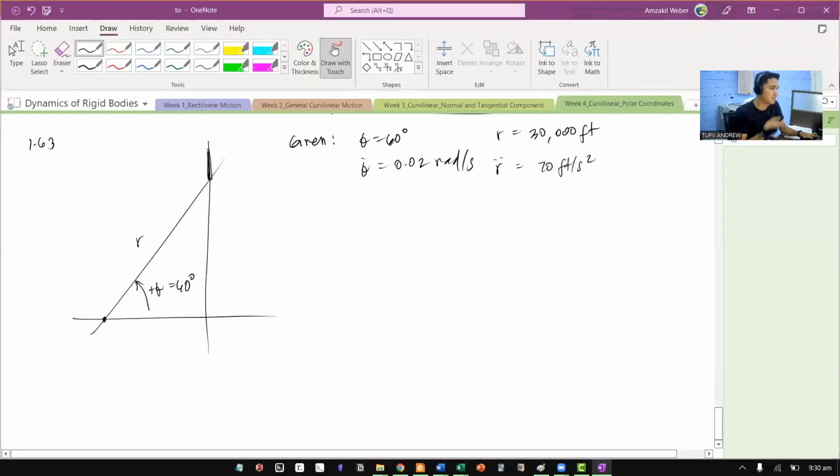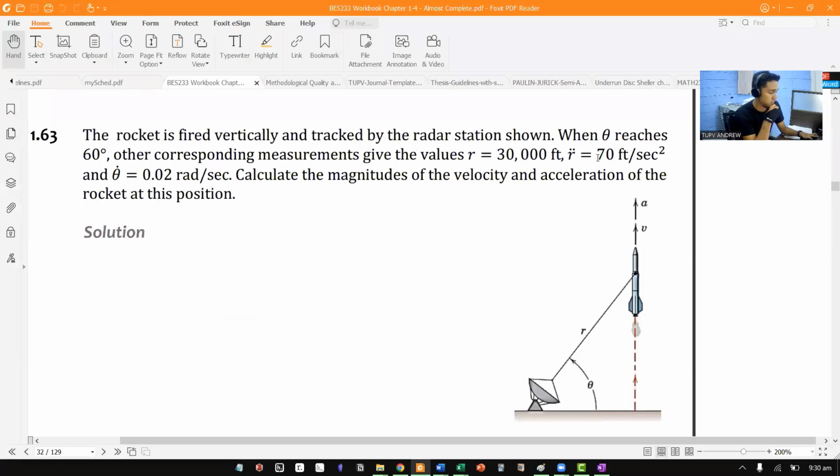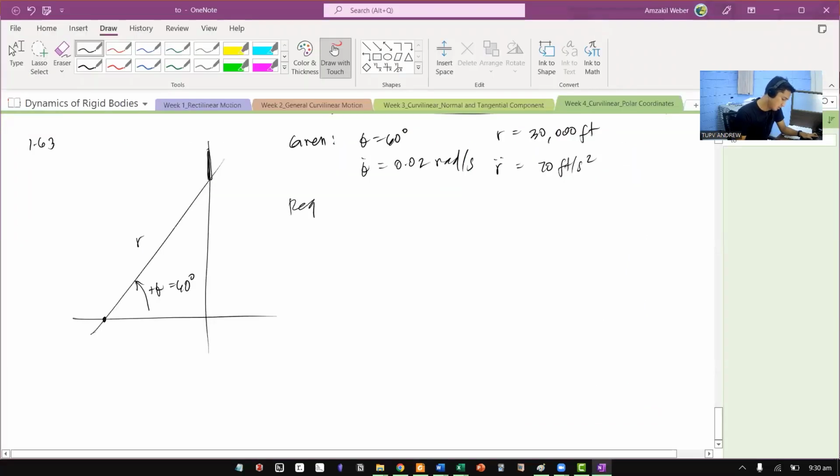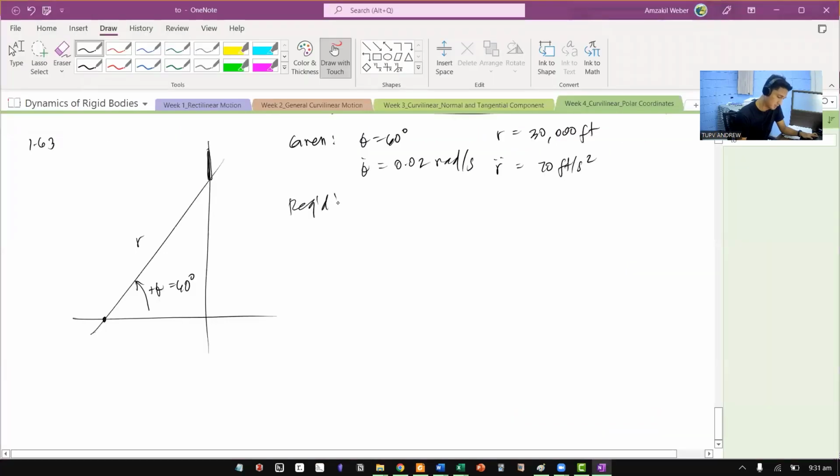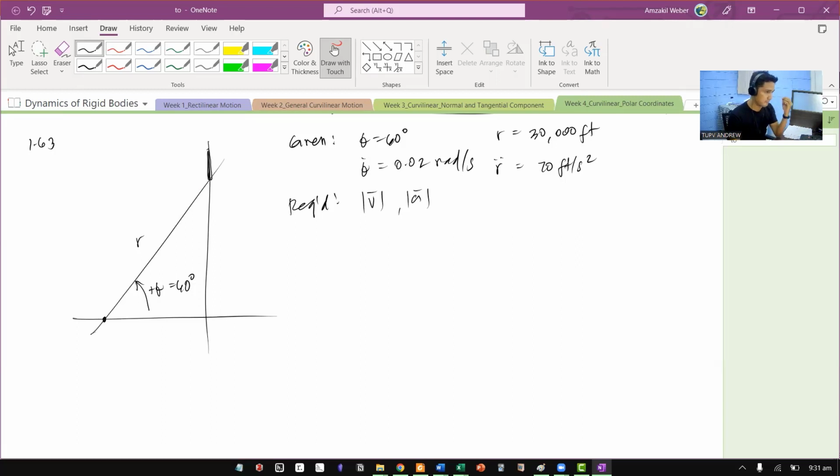So these are the givens now. Now, what is being required of us is the magnitude of velocity and acceleration. So I'll just write v and a to indicate the magnitude of the velocity vector and acceleration vector.